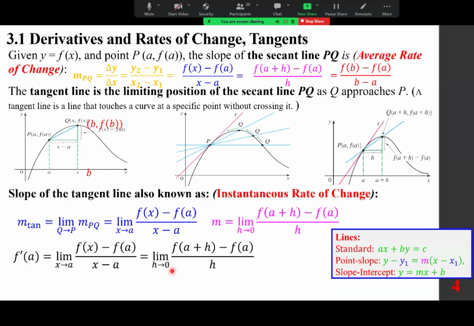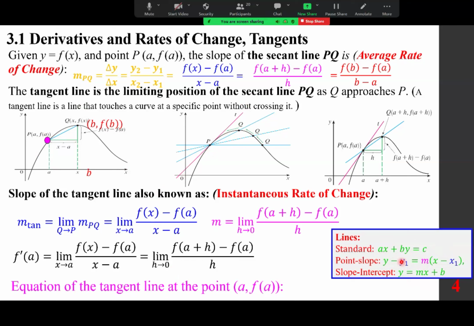Now, to find the equation of a tangent line, I remind you that lines have the following formats: standard form ax plus by equals c, point slope y minus y1 equals m times x minus x1, slope intercept form y equals mx plus b. So we want to find the equation of a tangent line at this point, which has coordinates a, f of a.